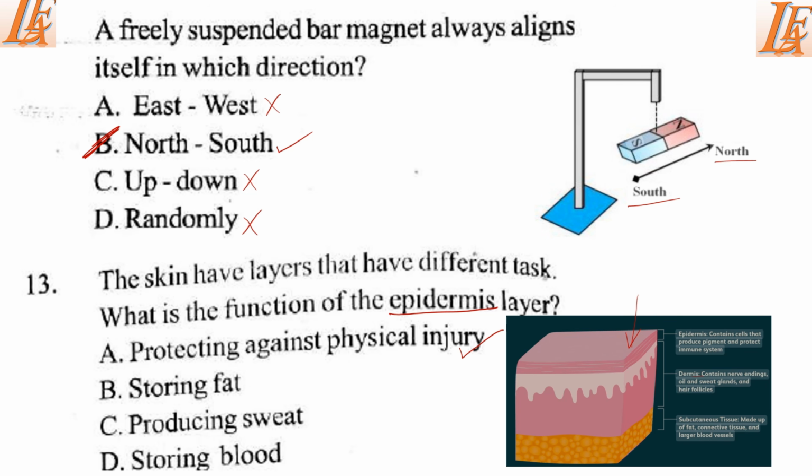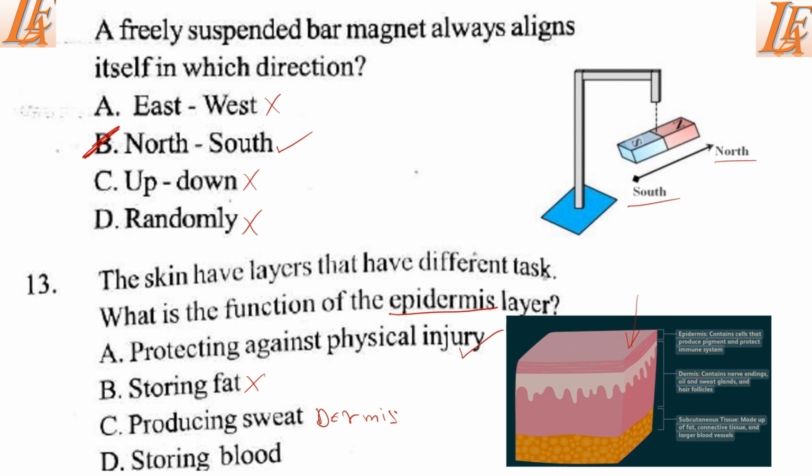Then B, storing fat. Fat is stored in the subcutaneous layer, so this one is not. Then C, producing sweat. Sweat is produced by sweat glands, which are found in the dermis. So this one is found in the dermis. This one is found in the subcutaneous layer.